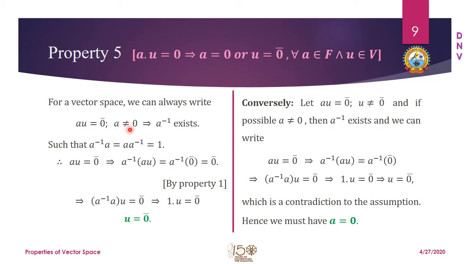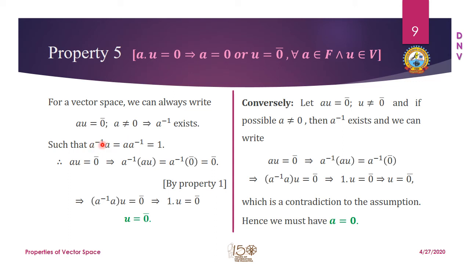When a is not equal to 0, its multiplicative inverse always exists, as a is taken from the set F, which is a field, and a field is an abelian group with respect to multiplication, and hence a inverse exists. So we multiply this equation by a inverse on the left hand side as well as on the right hand side.